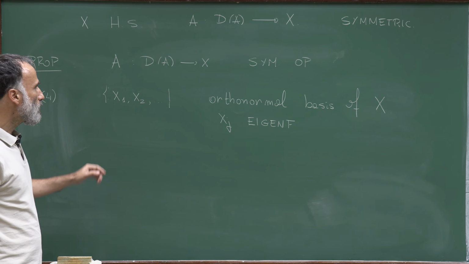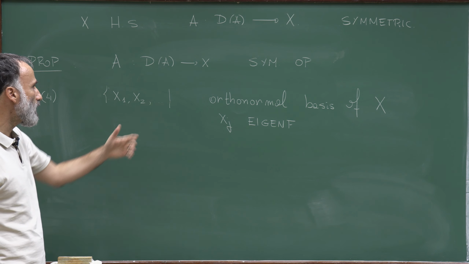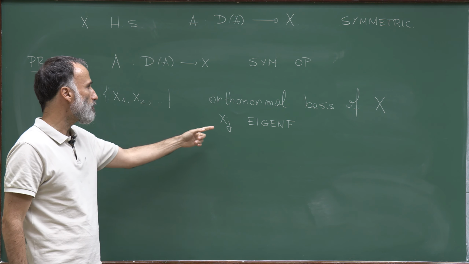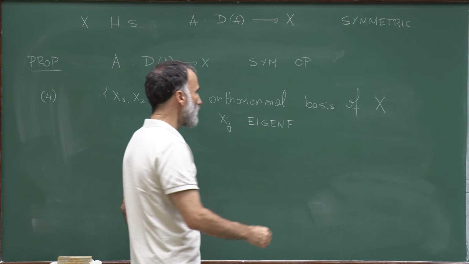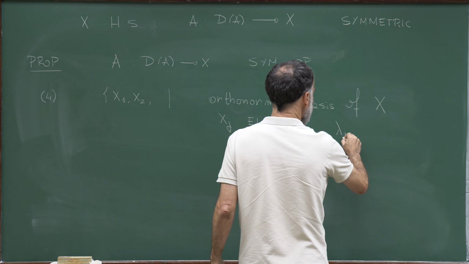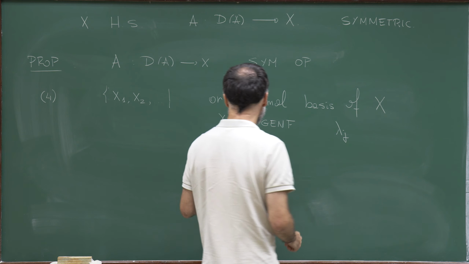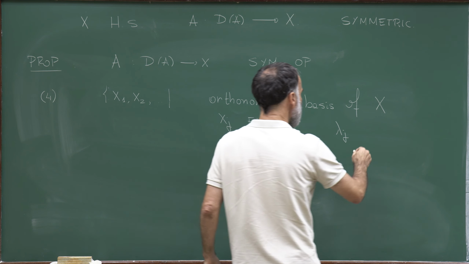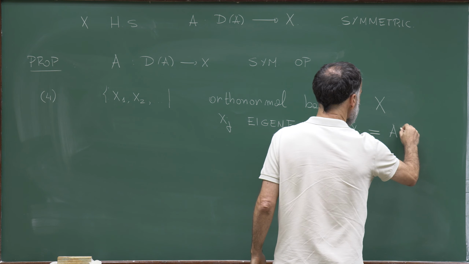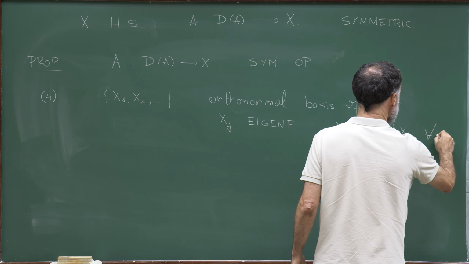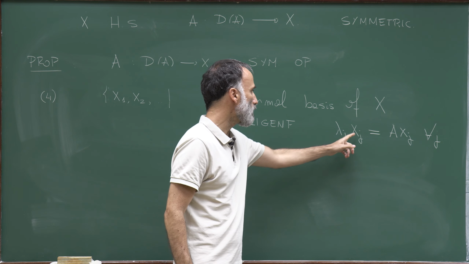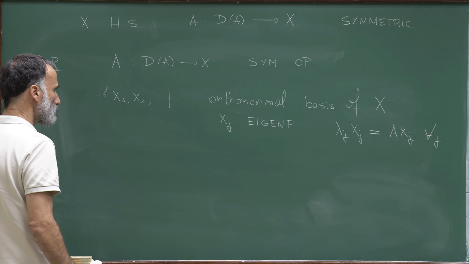So I'm assuming now that the space X has an orthonormal basis made of eigenfunctions. So let me call lambda j the eigenvalue associated to the eigenfunction xj. So this means that lambda j xj is equal to A xj for all j. So these are the eigenvalues of the eigenfunctions xj.